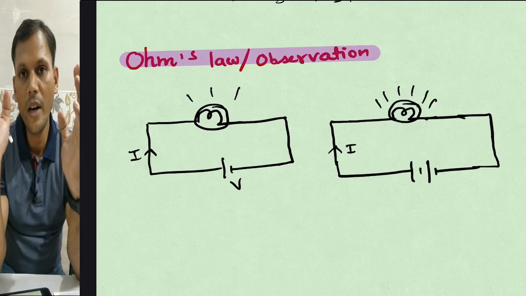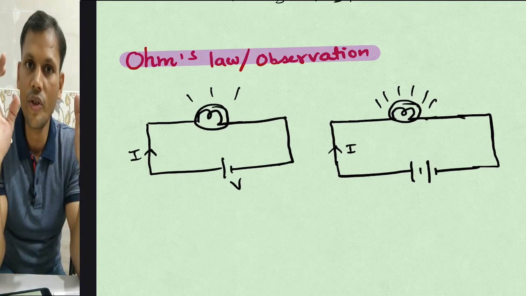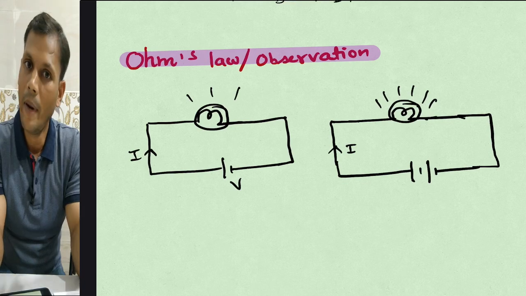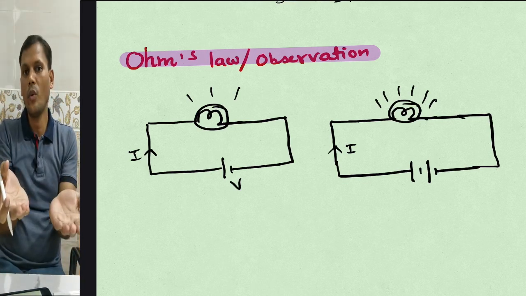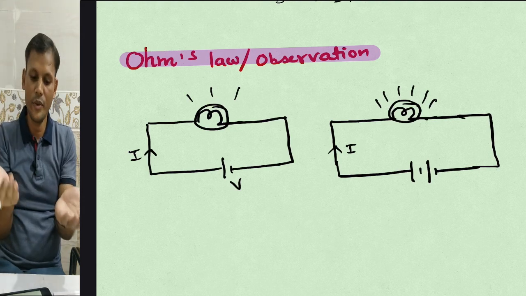We have to remember it by practical observation: when a battery gets discharged, its positive and negative potentials become equal.